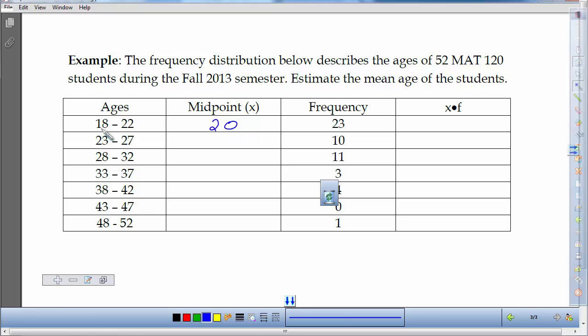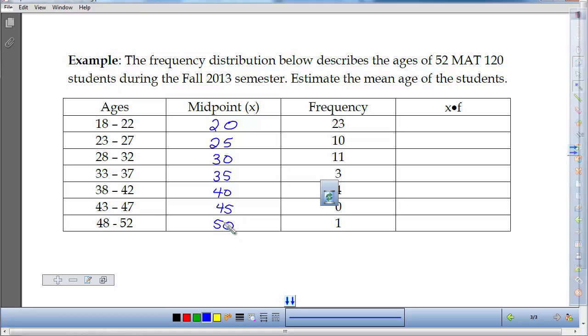Now, we could do that all the way down, or we could use the class width. If we look at consecutive lower class limits, we see that they have a difference of 5. So our class width is 5, and I can use that to get successive midpoints. So my first midpoint is 20, the next would be 25, 30, 35, 40, 45, and 50.